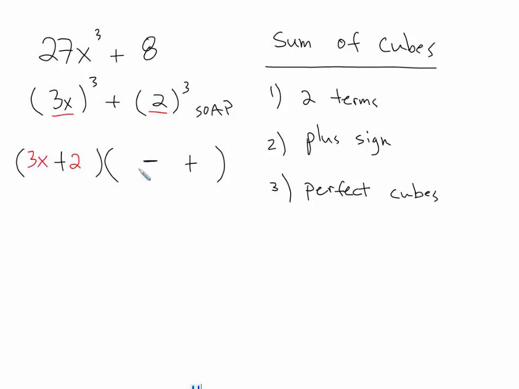To get this value here, take whatever this is, this value, you square it. So 3x, if you square it, you get 9x squared. To get the middle, you multiply these two. 3x times 2 gives you 6x. To get the last term, you square whatever this is. So 2 squared is 4. And then you've just factored a sum of cubes. Okay? So the pattern is actually really, really simple. Alright?